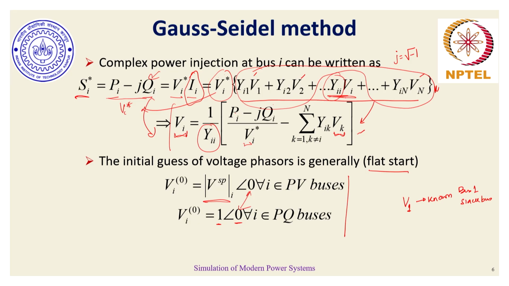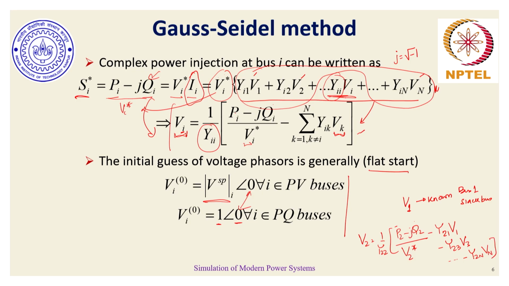2. So, if I take i as 2, then I have V2 equal to 1 by Y22, (P2 minus jQ2, assuming bus 2 to be a PQ bus, so P and Q for bus 2 are known) divided by V2 conjugate, minus Y21 V1 minus Y23 V3 and so on till Y2n Vn phasor.